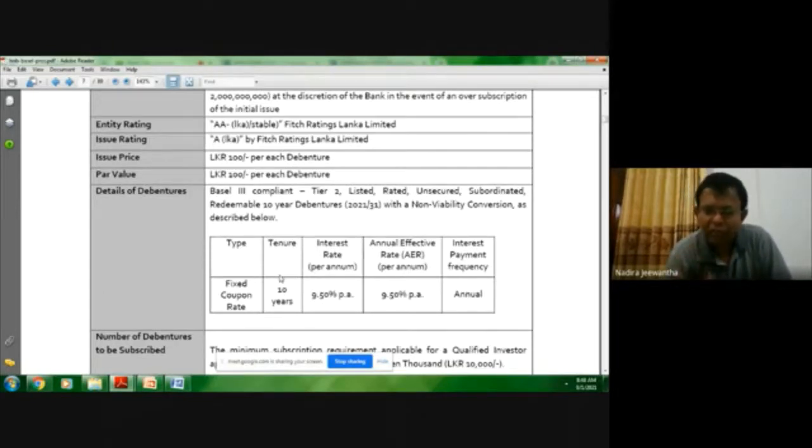If you are working in the HNB investment banking division, how do you encourage me to invest in this particular instrument? How do you say to me, look here, there is an instrument issued by our bank, would you like to invest if you have money? Please invest in this particular bond.